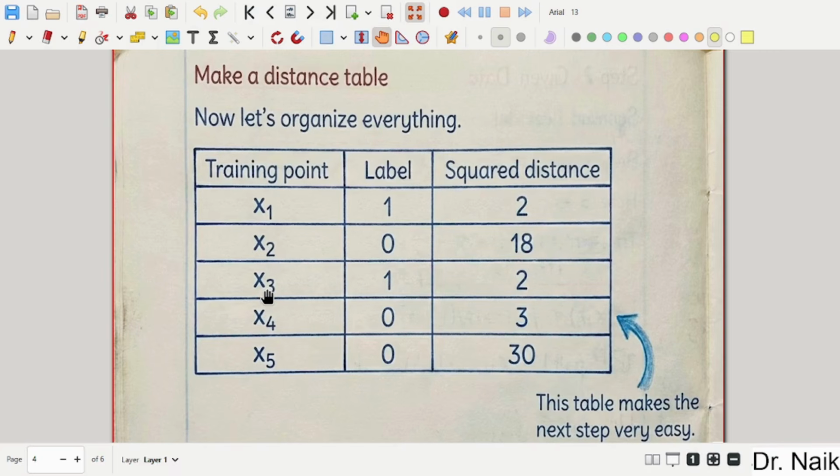The square distance to x3 is 2 and the label of x3 is 1. The square distance to x4 is 3 and the label of x4 is 0. The square distance to x5 is 30 and the label of x5 is 0.